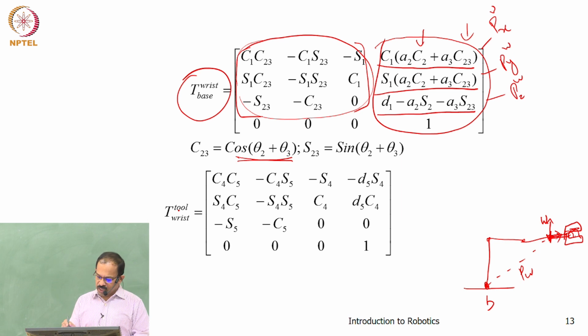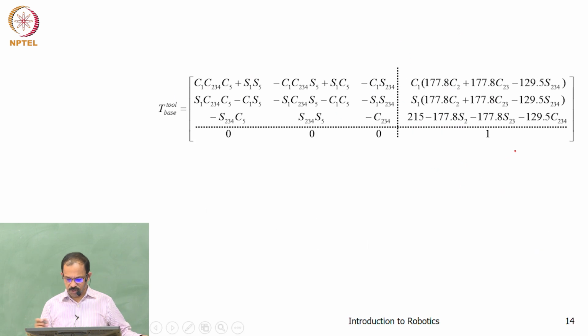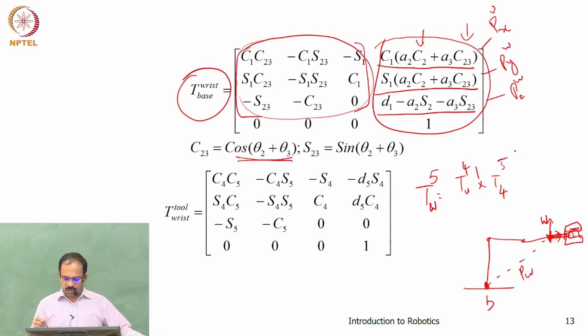So the tool to wrist is obtained from 4 to 3 and 5 to 4, where 5 is the tool.